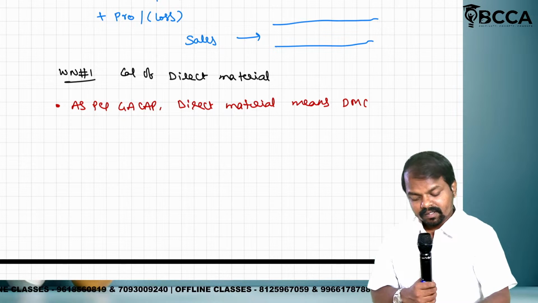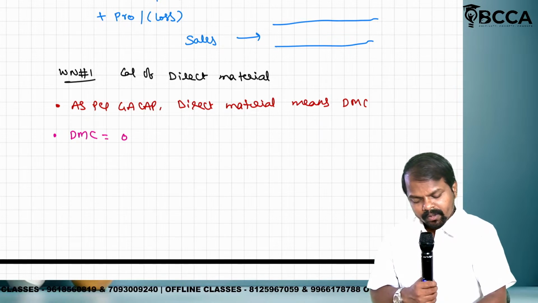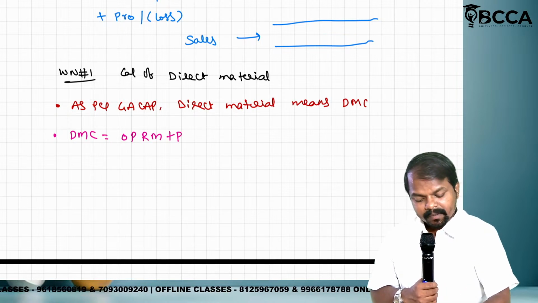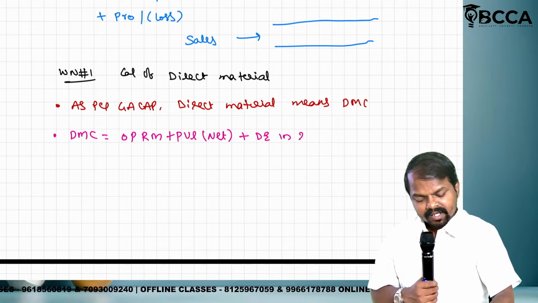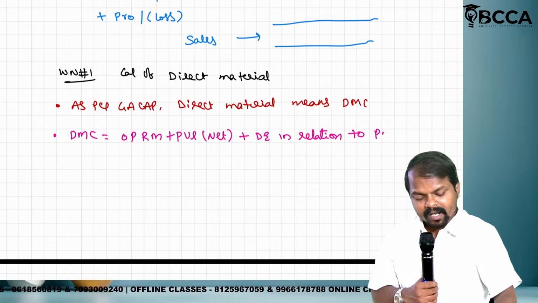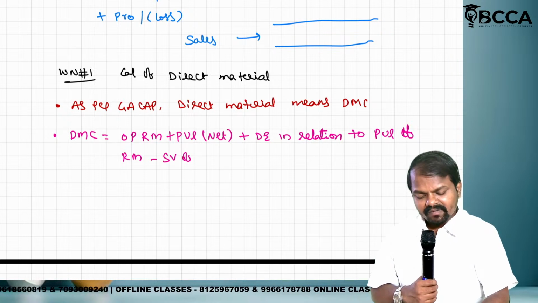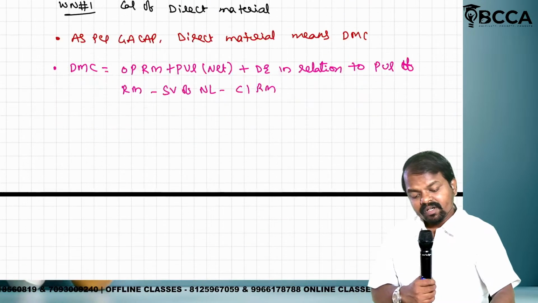Direct material consumed is equal to opening stock of raw material plus purchases (net) plus direct expense in relation to production or in relation to purchase of raw material, minus salvage value of normal loss, minus closing stock of raw material.